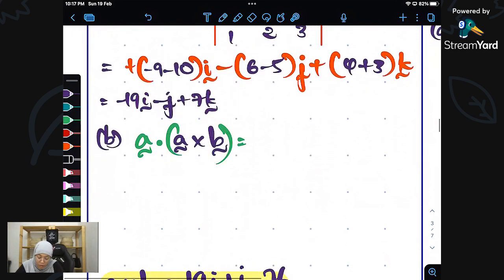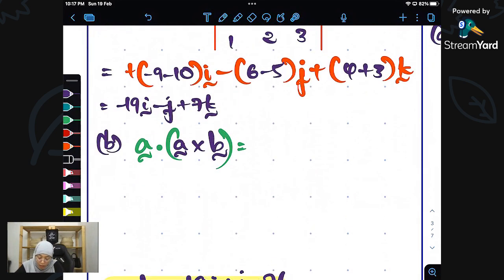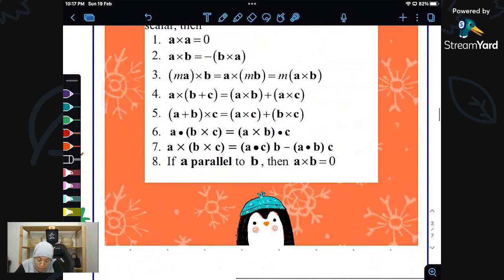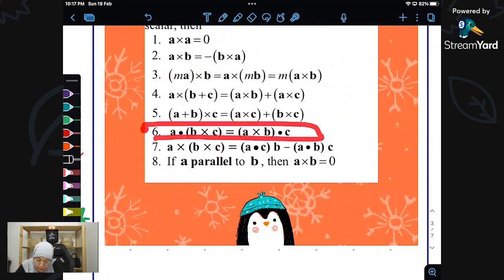Now let's go to the next one. Here, vector A dot with A cross B vector. So now let's have a look at what we have here. Number 6. Look at here, number 6. This one is where A dot B comes first with A dot, I highlight this, A dot.